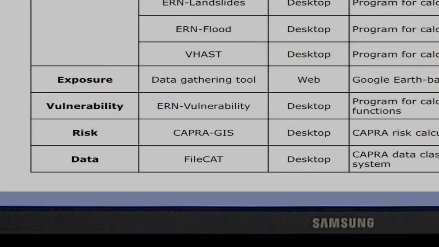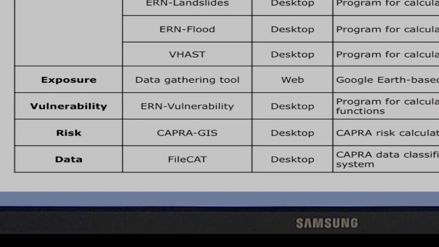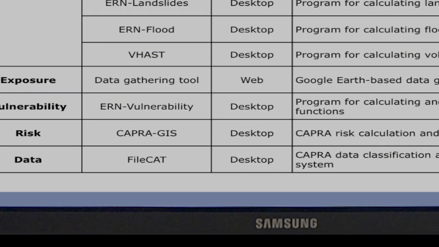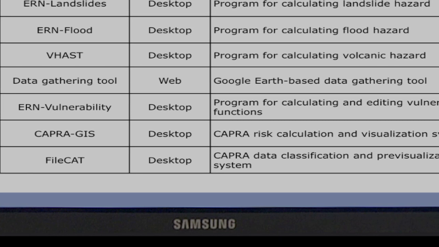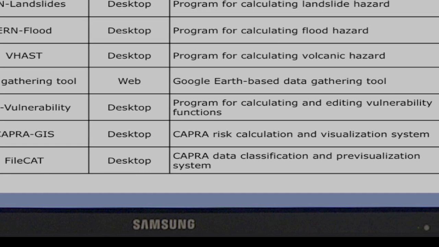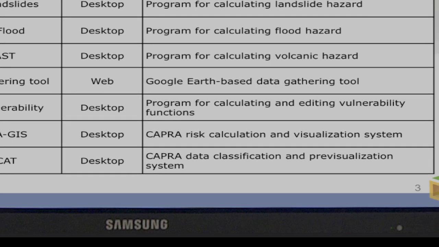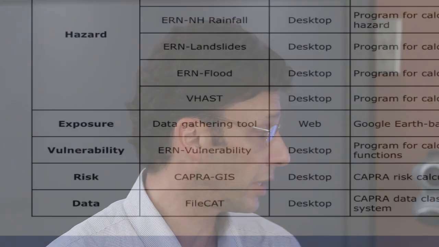For compiling exposure data, a series of web-based data gathering tools is available, essentially based on Google Earth. For vulnerability, we have the ERN Vulnerability module.